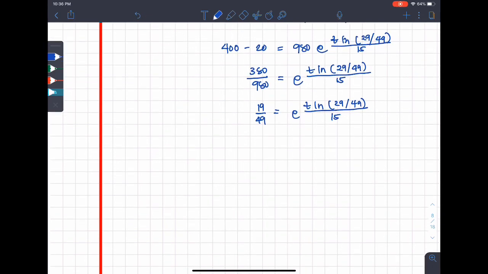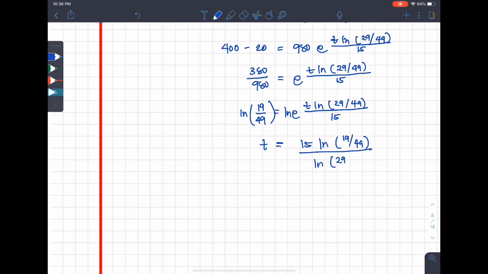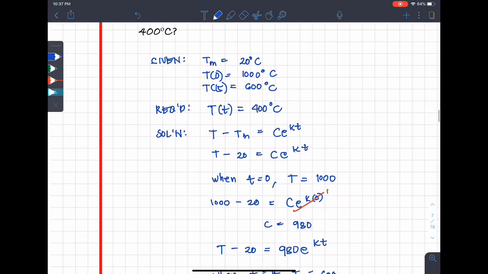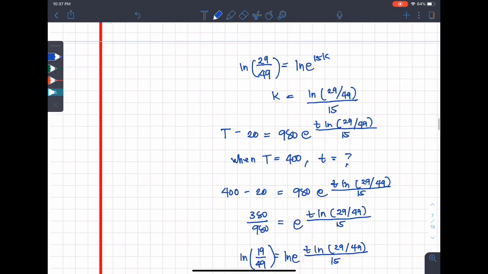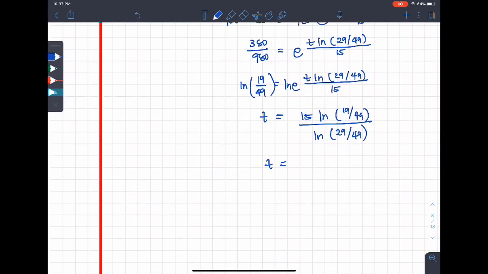So taking the logarithm of both sides, ln of this and ln of that, that will give us t to be equivalent to 15 ln of 19 over 49 divided by ln of 29 over 49. We are expecting that the time should be greater than 15. So let me calculate it.